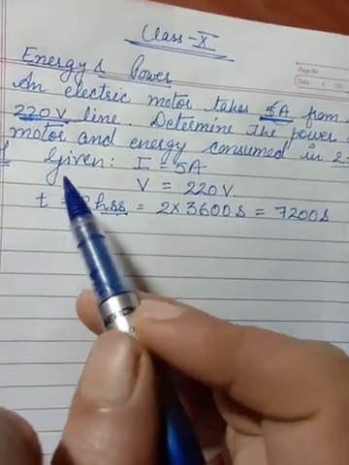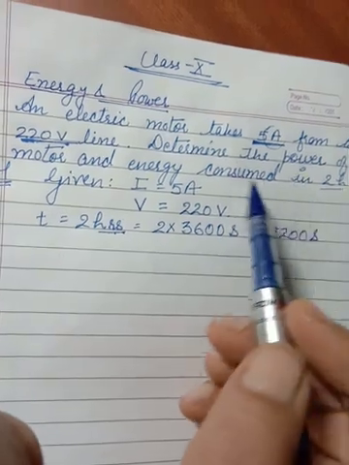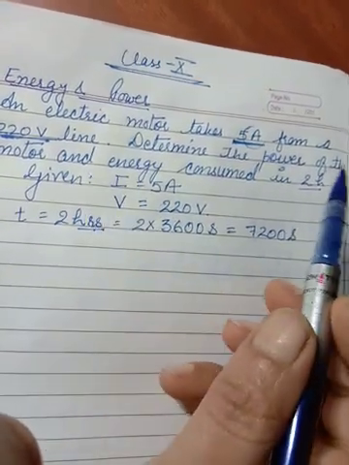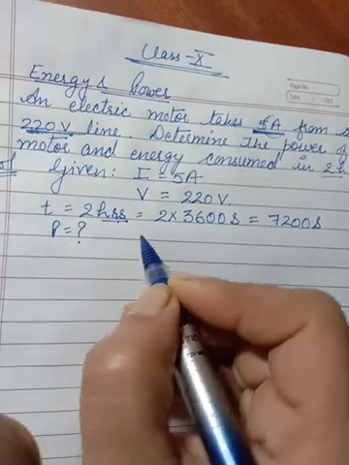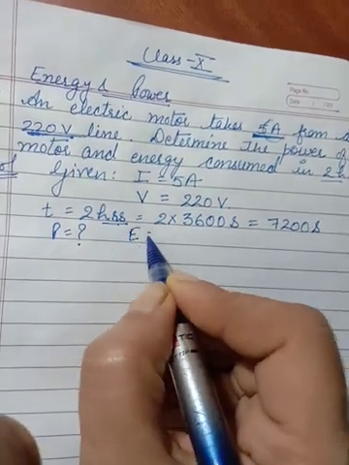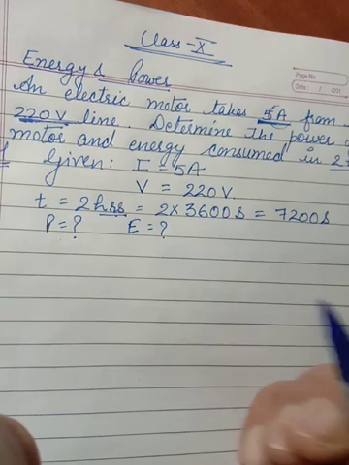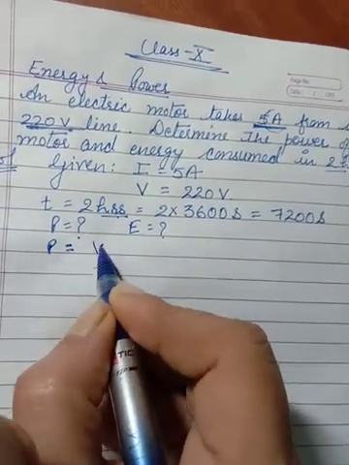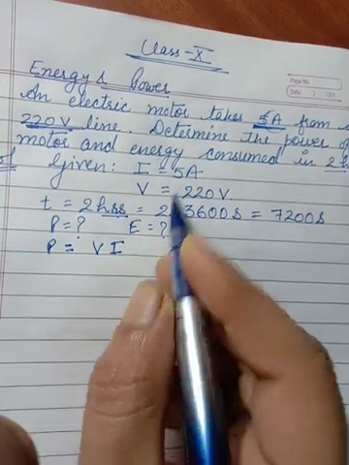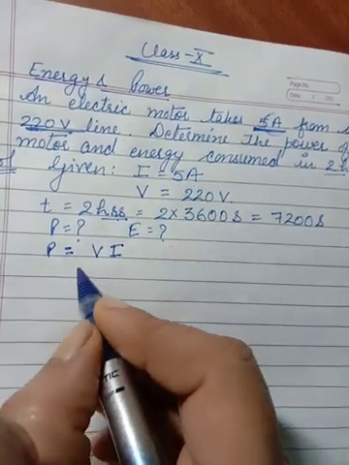Now we have to find out what things are asked. The first thing is power and energy consumed. We know that the formula for power is V into I. V is given, I is given.